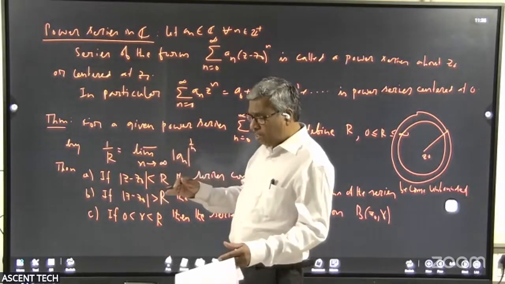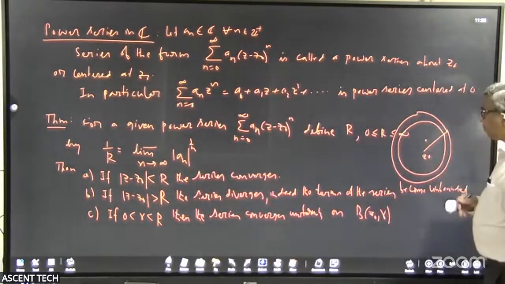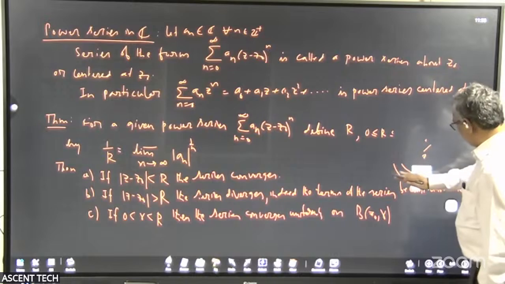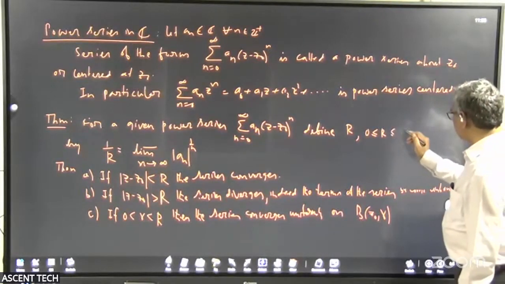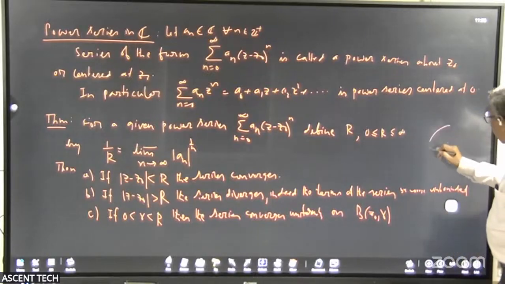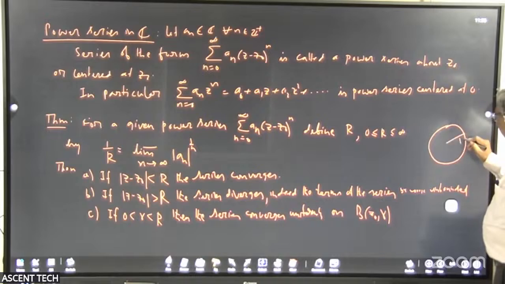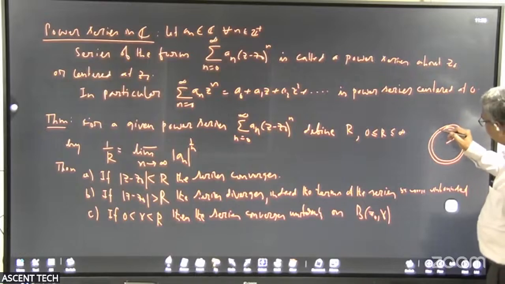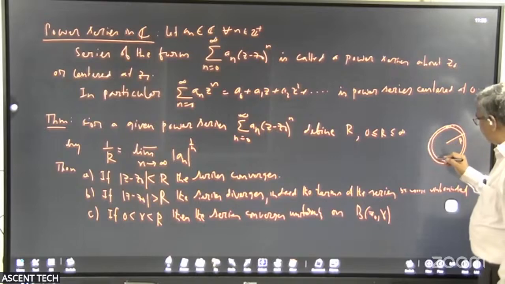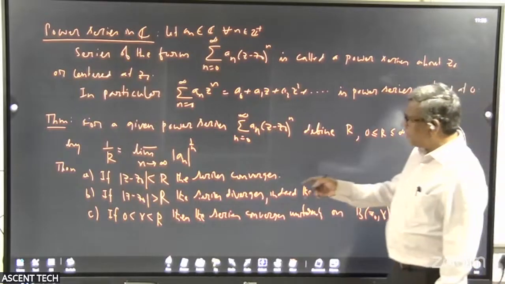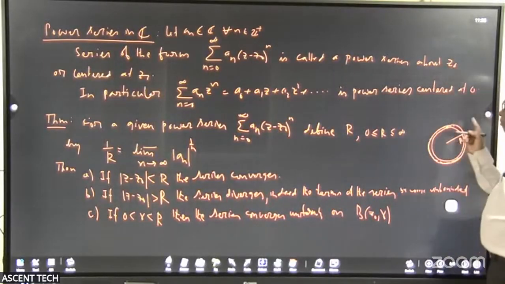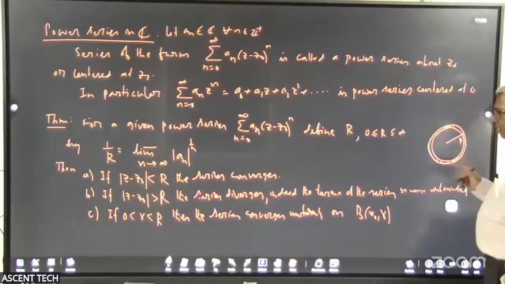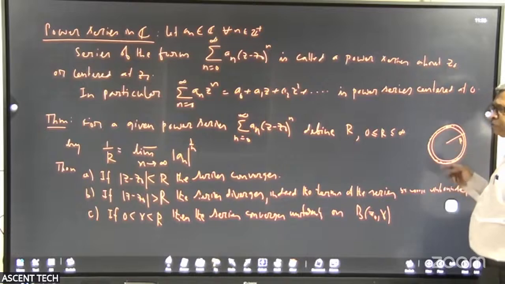But if it goes slightly lower, the convergence on the entire closed disc is uniform. Some series converge at some points on the boundary and don't converge at others.